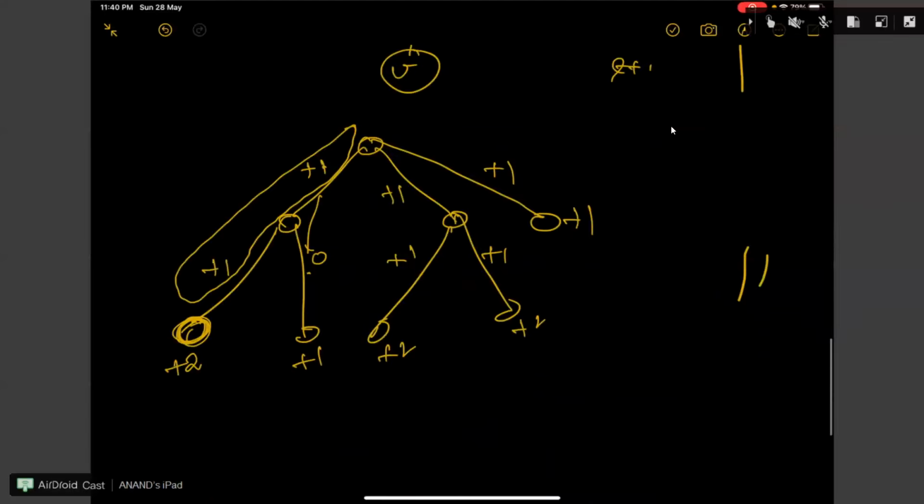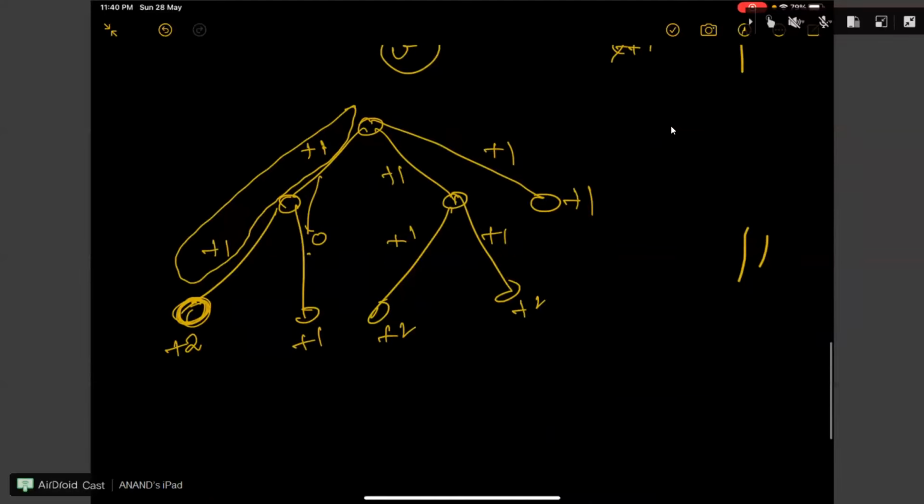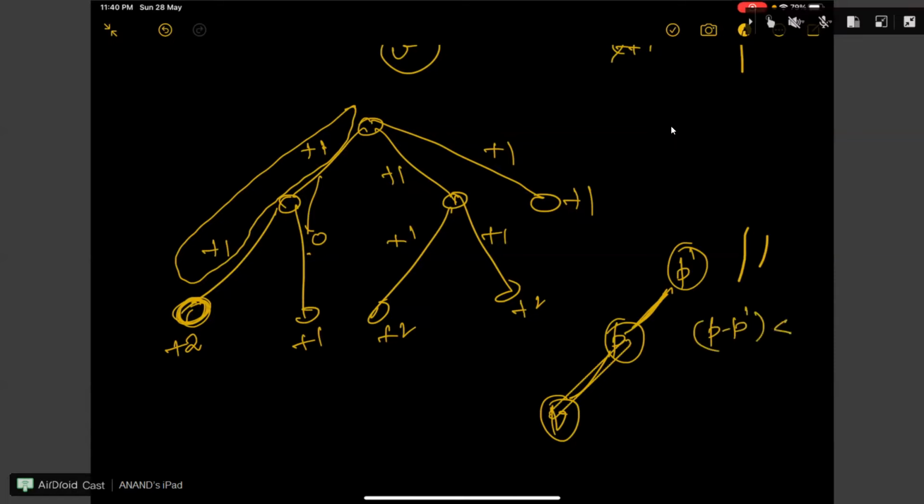Okay, so let's see how we are forming this tree. That part is clear. Like if your current node is V, its parent is P, and the parent of the parent is, let's say, P dash. So if the edge P dash P is coming before the edge PV, then definitely this node and this node will be drawn at the same time.